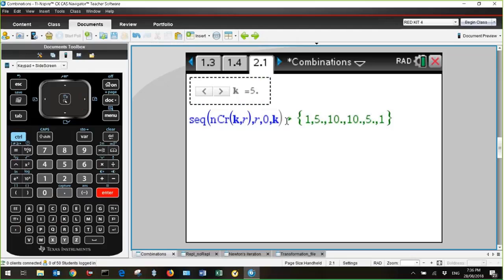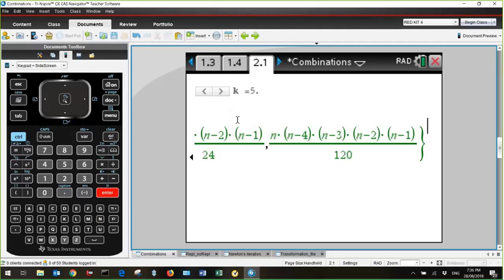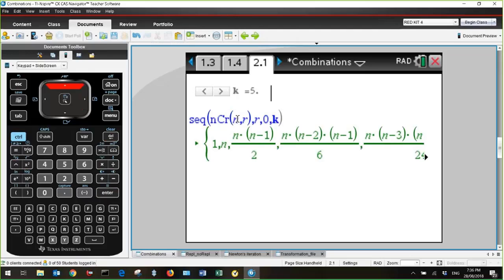And if I change the value of K, then obviously all of those values change. But I could generalize this further by changing that K in there to an N. And I get an expression in terms of N. But once again, I can get a sequence command and assign values of N from N equals 0 through to N equals K. So again, sequence, get rid of that bracket.